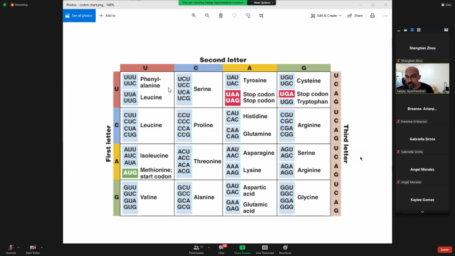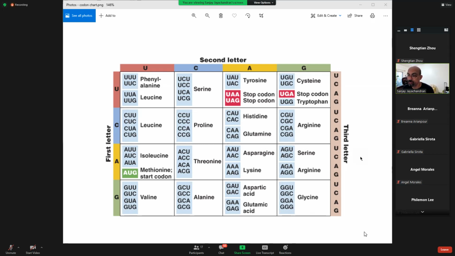Now, you don't have to memorize this chart, that's why it's here. It is universal on this planet for all living organisms. So what does that mean? It means CAU codes for a histidine in a bacteria, it codes for a histidine in a human or a plant, it doesn't matter the organism. So on this planet, this is almost a universal chart.